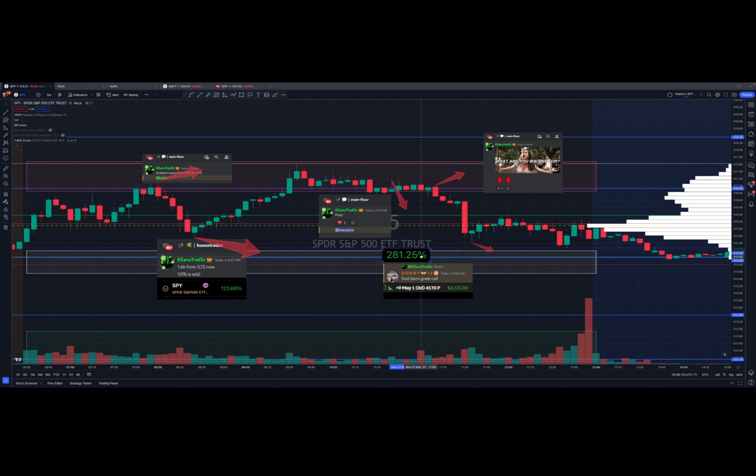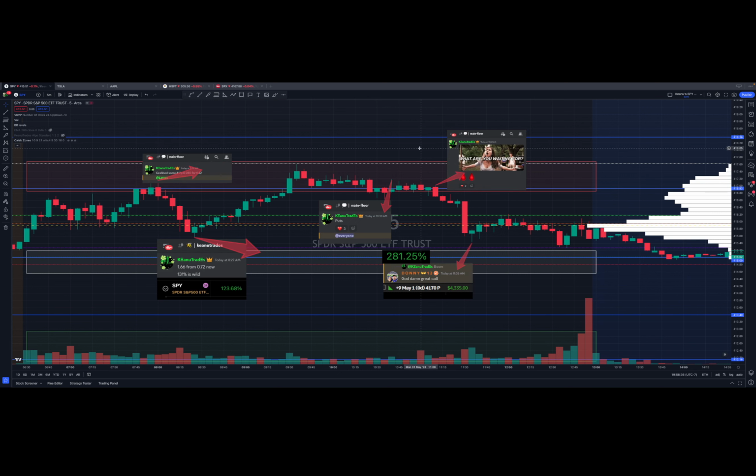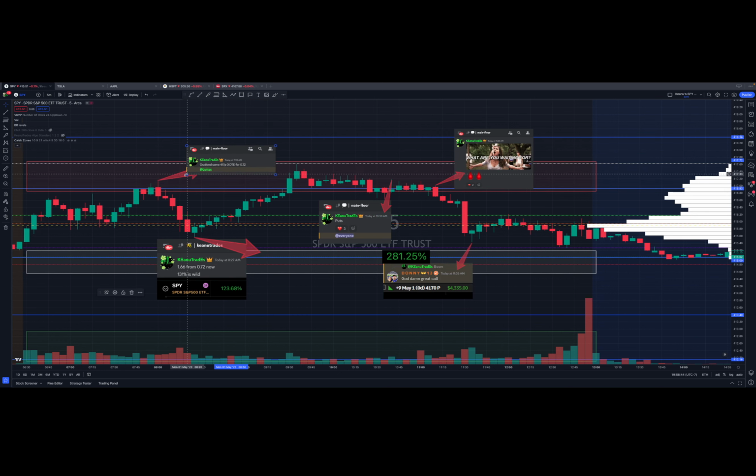Okay, so we can kind of go over what's going on here. Look, this one's not fixed. Okay, so the price action was starting here. Went up to that Caleb zone, like I said, it claimed the point of control on the volume profile, right?